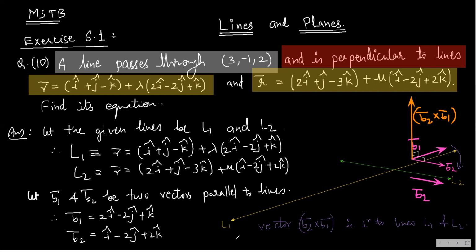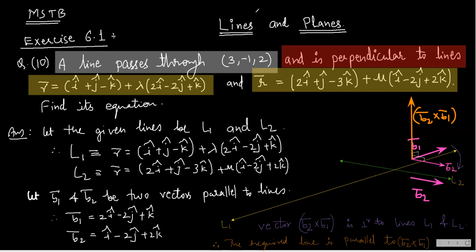So the next statement which I will write is: therefore the required line is parallel to B2 bar cross B1 bar. The required line is parallel to B2 bar cross B1 bar.